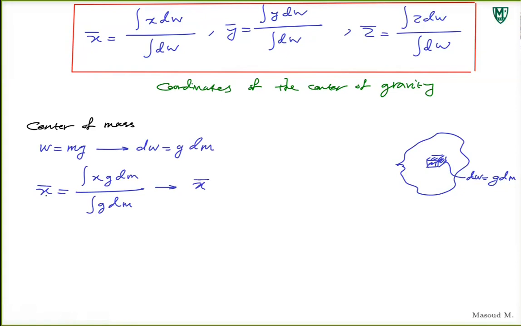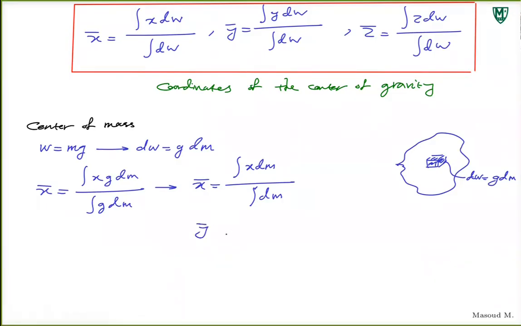So x bar, let's denote that with x G for center of gravity. They're the same, so that is equal to integral x dm, dm being the mass of an element, over integral dm. Similarly, you plug that into y bar, you get integral y g dm over integral g dm, cancel out the g's, and you get integral y dm over integral dm.